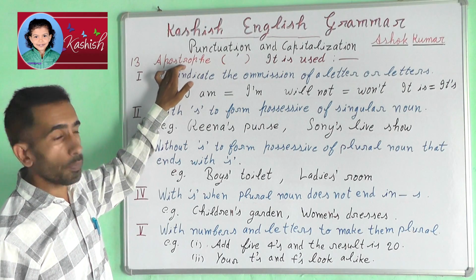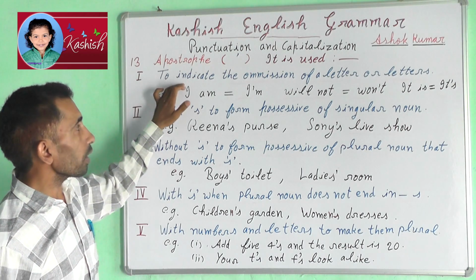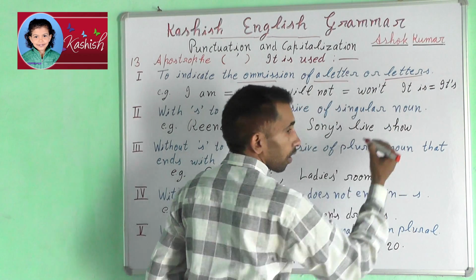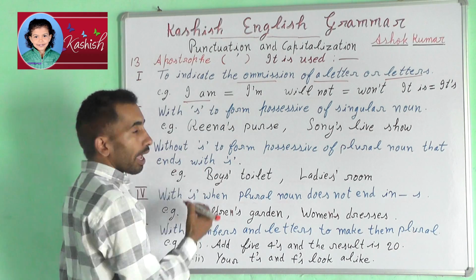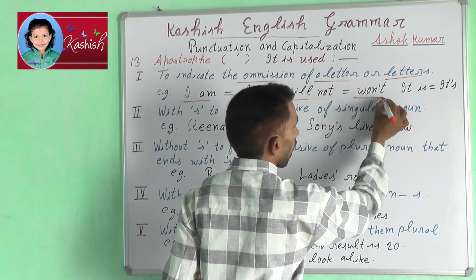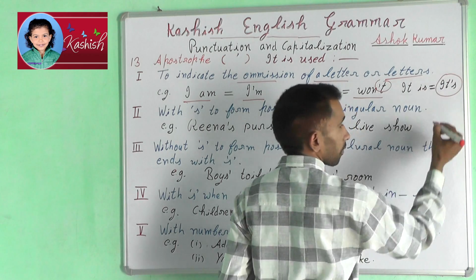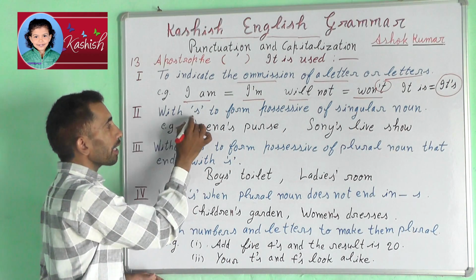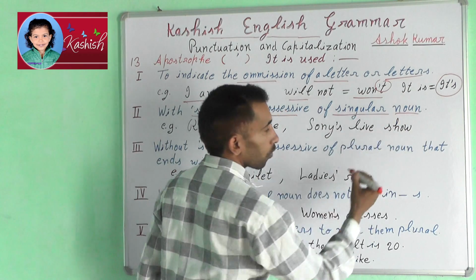Thirteenth, apostrophe. It is used first to indicate the omission of a letter or letters. For example, I am, I'm; will not, won't; it is, it's. Second, with s to form the possessive of a singular noun.